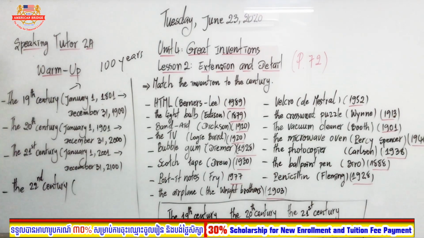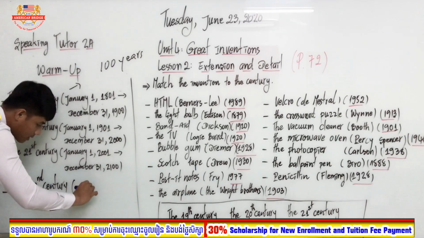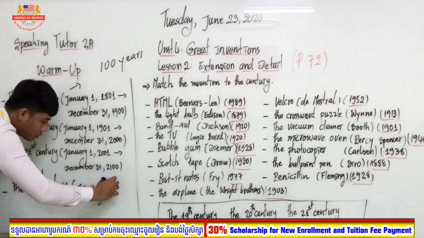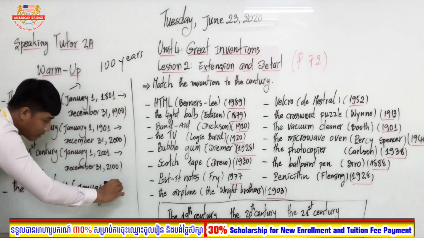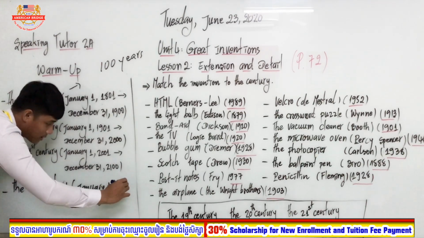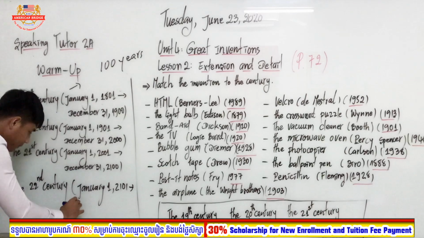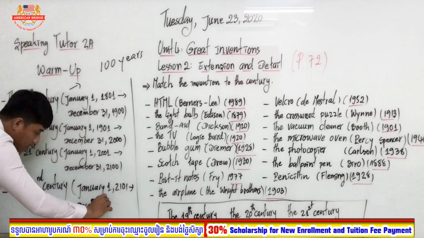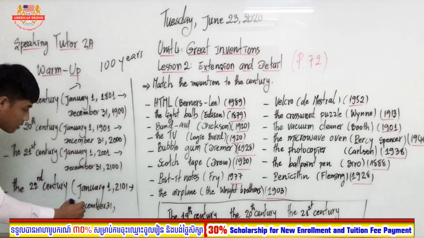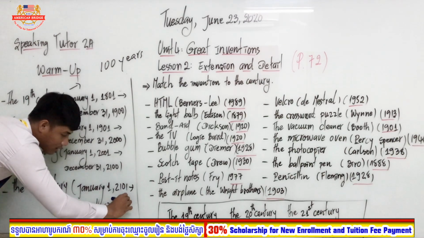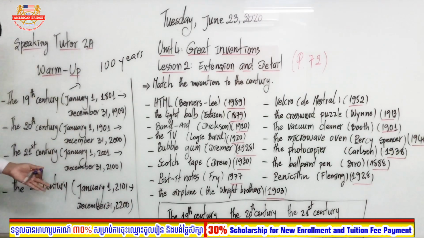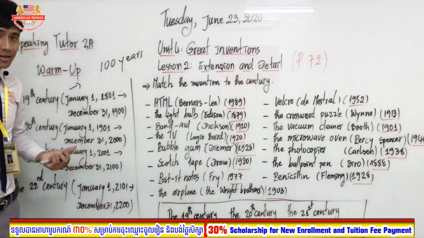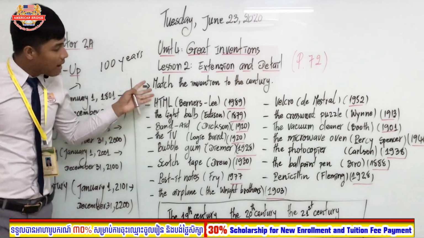It starts from January 1st, 2101 to December 31st, 2200. So you got this. One century is 100 years, right? Okay, good. So now you can match it.